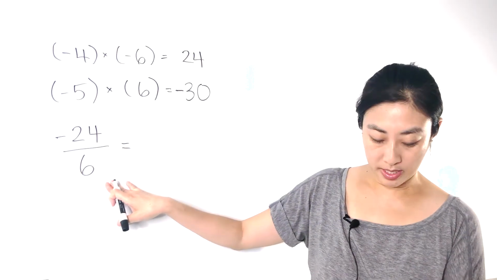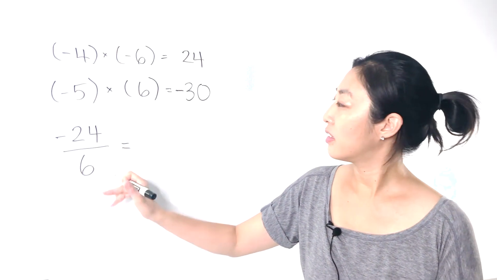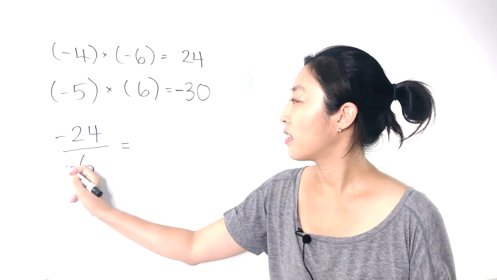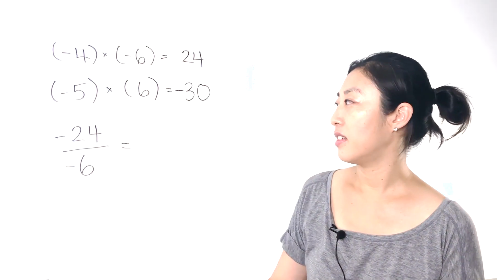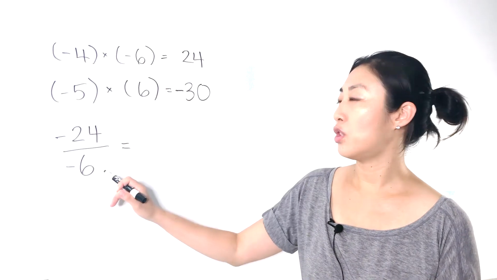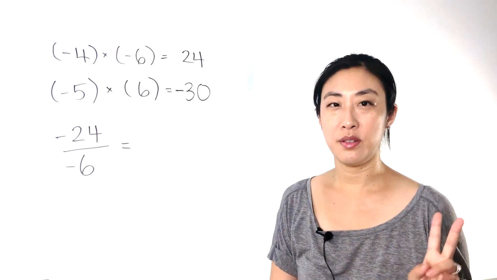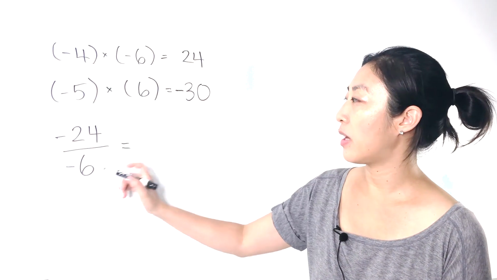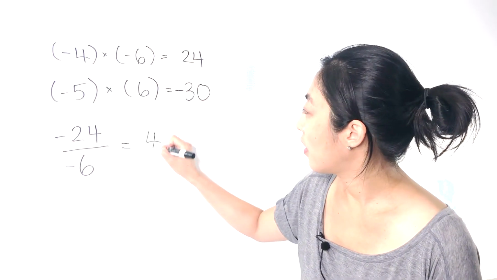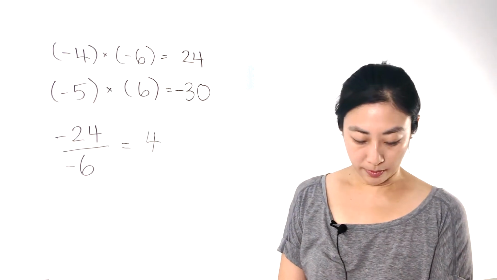Let's see how many negative numbers there are. There are 2 negative numbers. 2 is an even number, so our answer is positive. So 24 divided by 6 is 4. We keep that as a positive number.